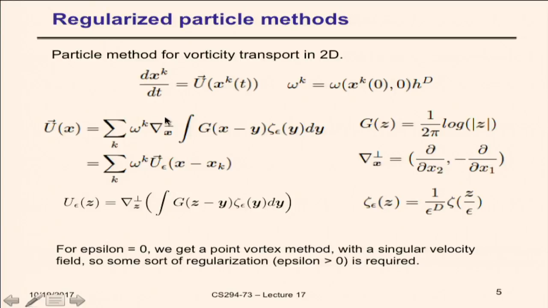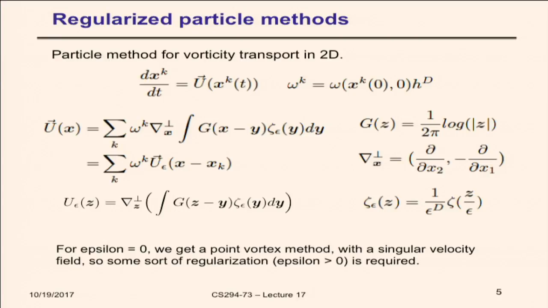The velocity is given by the vorticity, as the sum over particles of vorticity times the gradient perp of the Green's function convolved with a smoothing kernel, and that's equal to the sum over k of omega_k u_epsilon of (x minus x_k), where u_epsilon is just given by the gradient of that smoothed-out kernel.